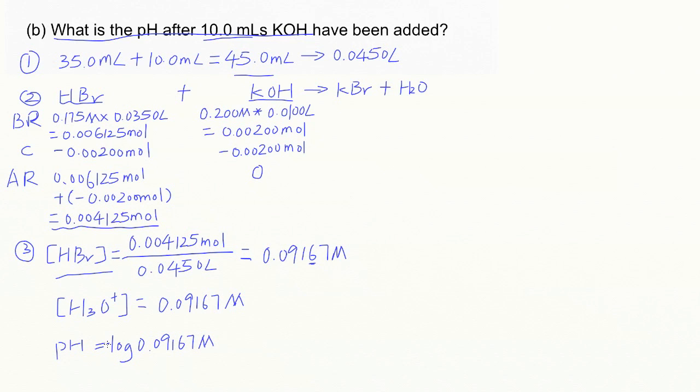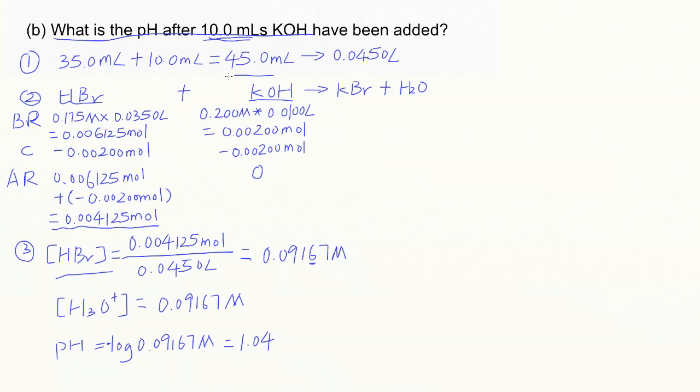Let me just make sure that this is a negative sign. So the pH value I got here is 1.04. Alright, so this is the pH value of the solution after you add 10 ml of potassium hydroxide.